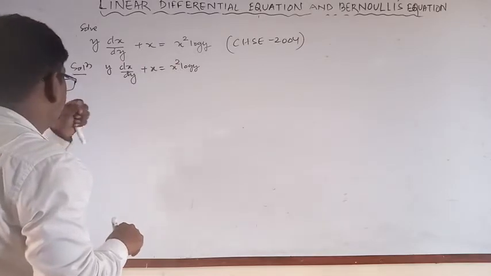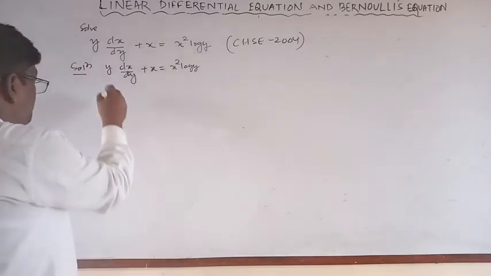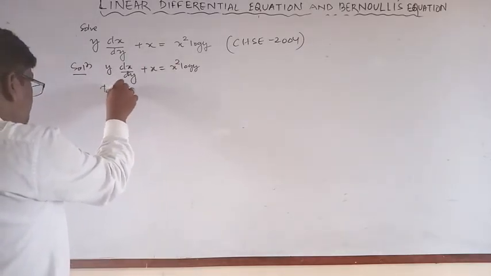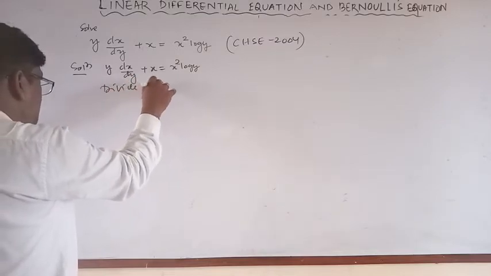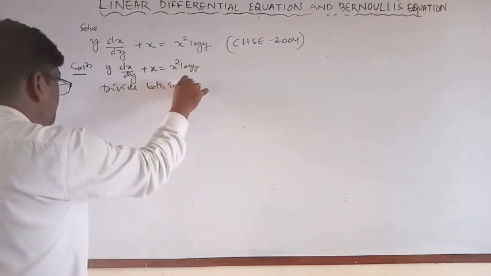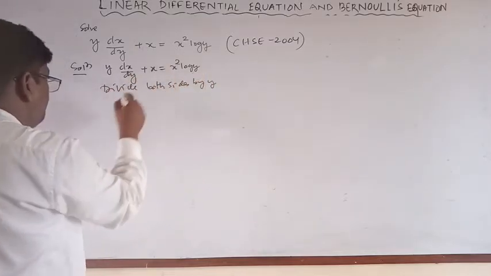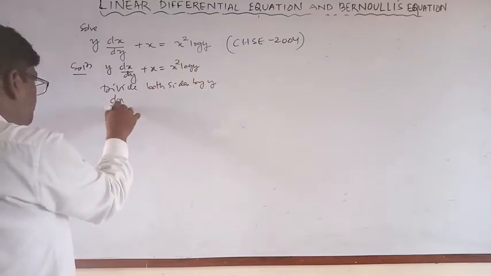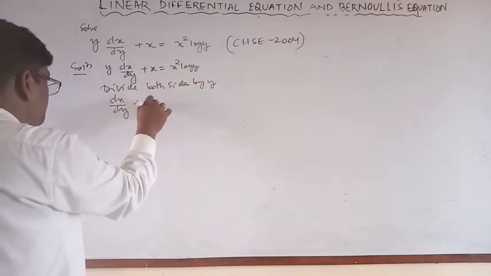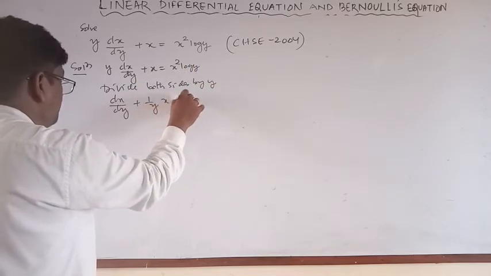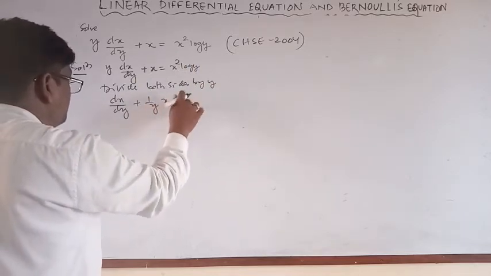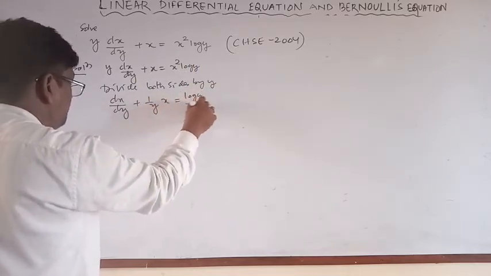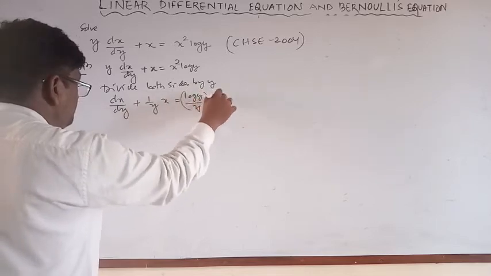First, divide both sides by y. So dx/dy + (1/y)x = (log y / y) x².